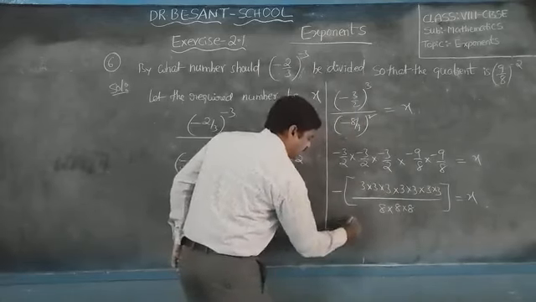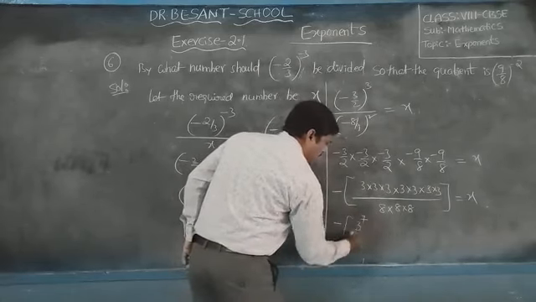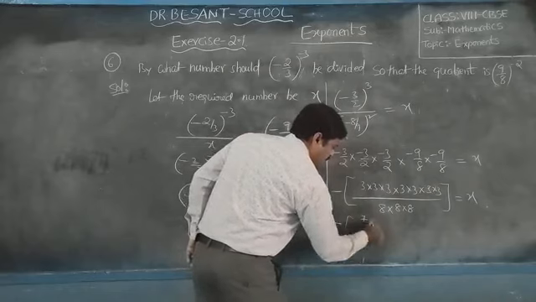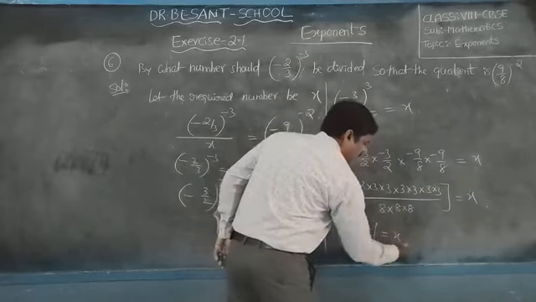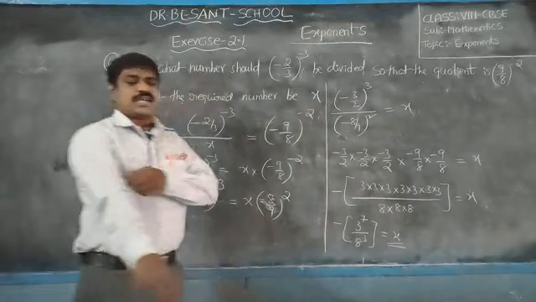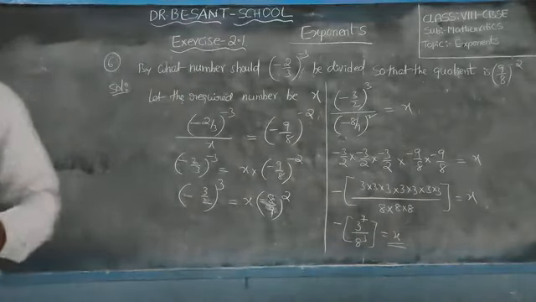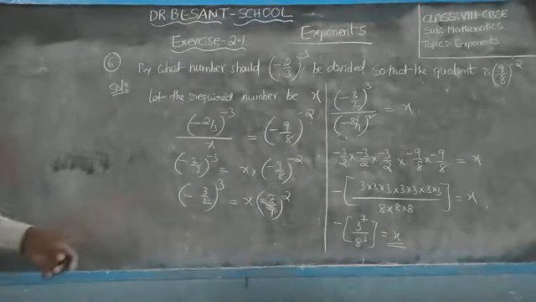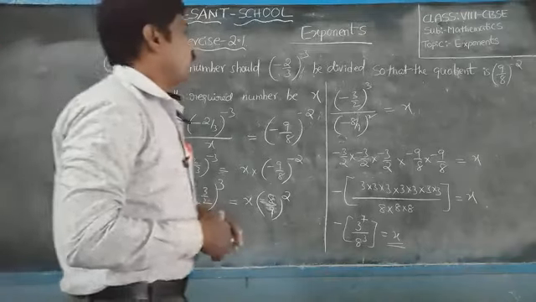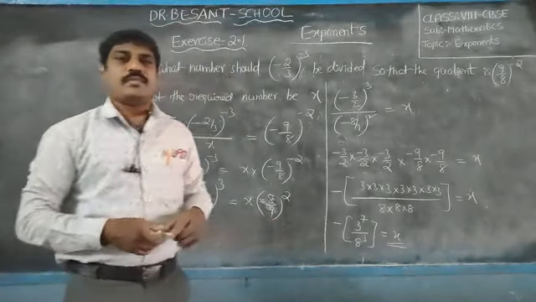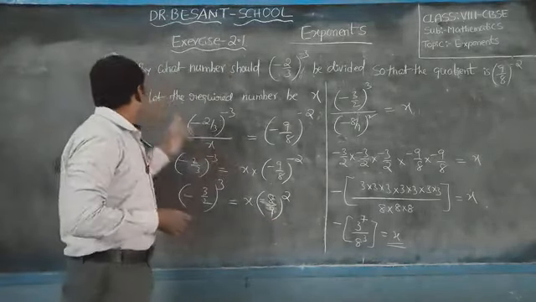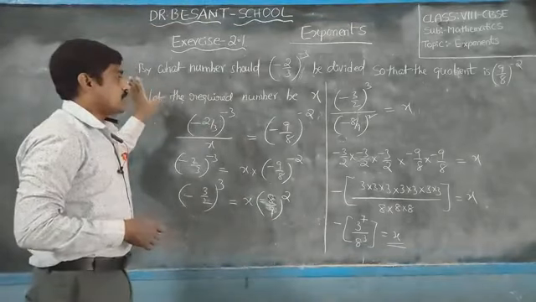So minus 3 power 7 by 8 cube is equal to x. So in this way we have to solve this problem. I hope it's very clear, children. This is the sixth sum solution.